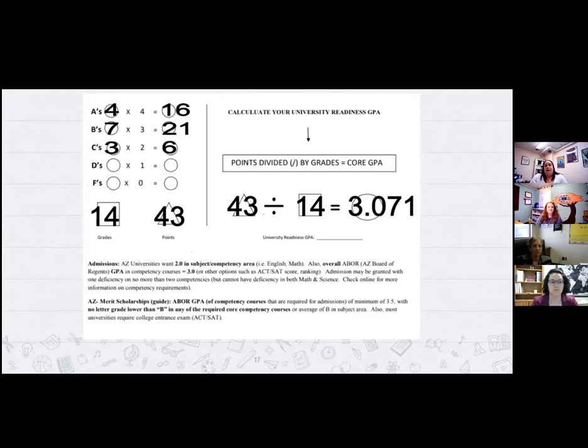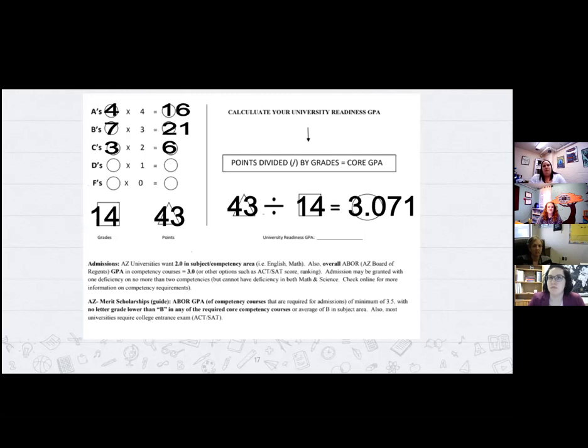In addition, the overall GPA in your 16 core credits needs to be a 3.0. Now, your 16 core credits aren't the only way for you to be admitted into a university. Admissions can be granted based on test scores, for example. If you take an ACT or an SAT and you didn't quite meet that GPA in the subject, they can look at the subjects from the ACT for math, for example.